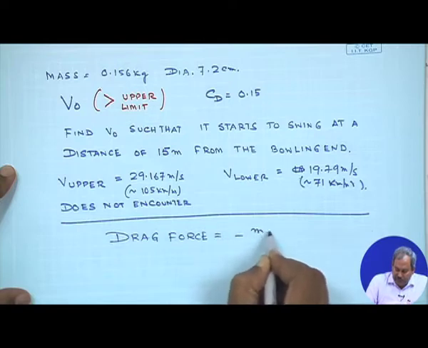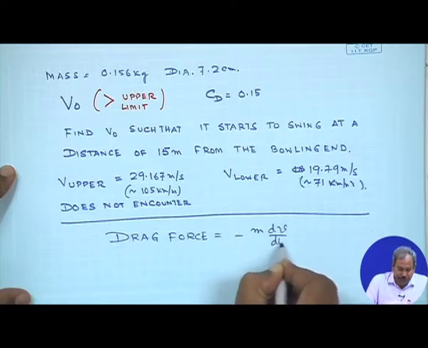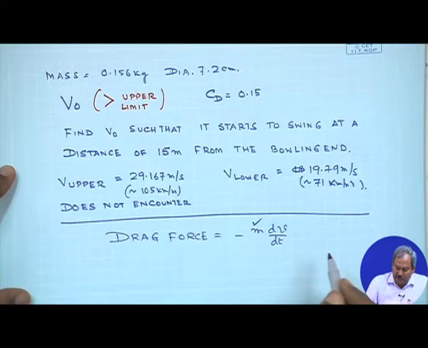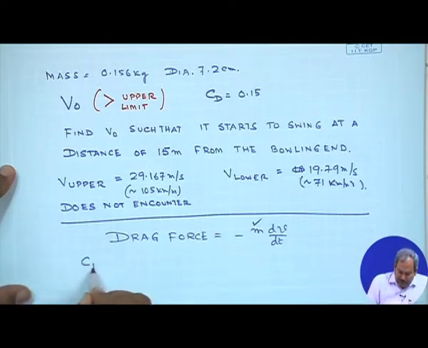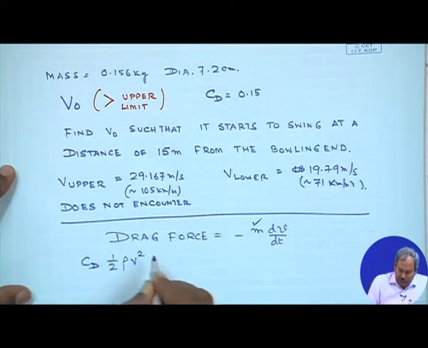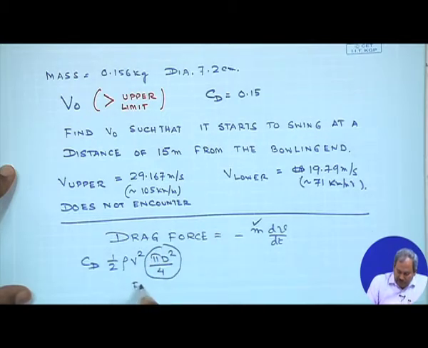So we start, conceptually, with the drag force acting on the ball, which must be equal to minus m dv/dt, where m is the mass of the ball and dv/dt is simply the acceleration. And by definition, the drag force is CD times half rho v square times the area, which is pi d square by 4. This is essentially the frontal area of the ball.